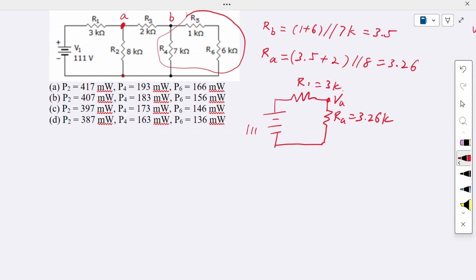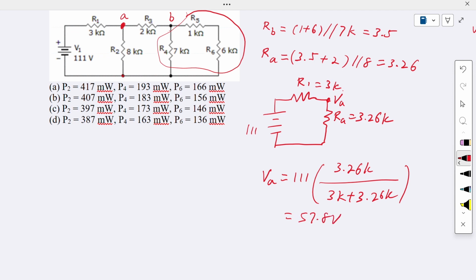We can find VA using the voltage divider circuit. VA is equivalent to the voltage source times the RA resistor, 3.26K, divided by 3K plus 3.26K.